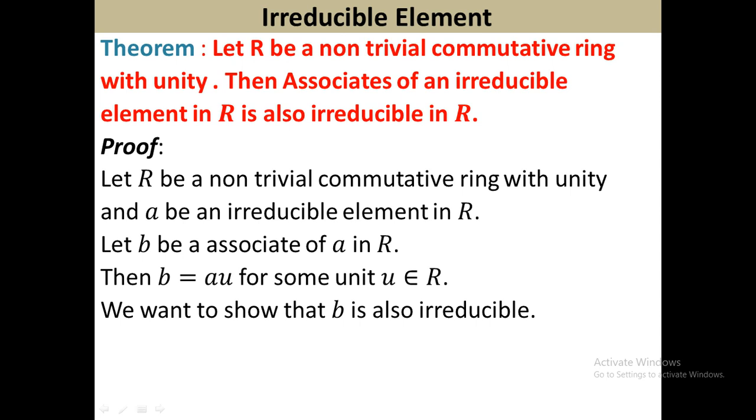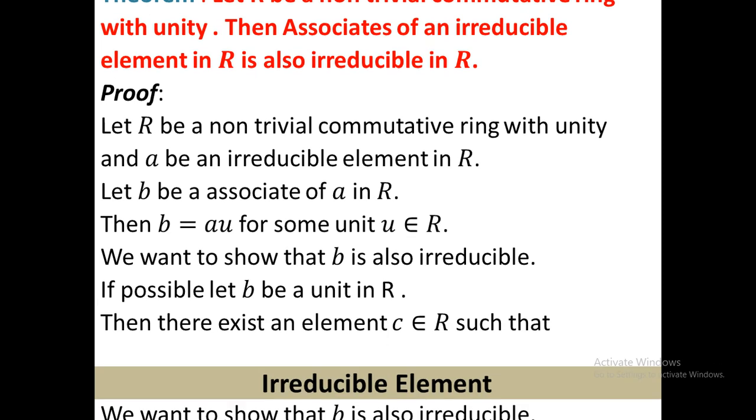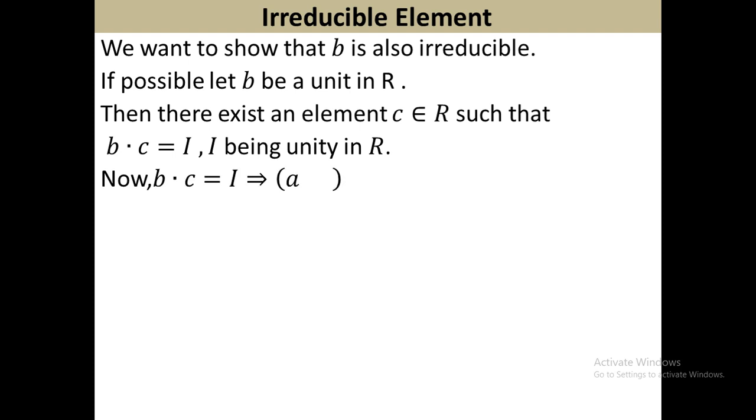We have to show that b is not a unit and that b has no proper divisors. If possible, let b be a unit. Then there exists an element c in R, a multiplicative inverse of b, such that bc equals 1. Now bc equals 1 implies a u c equals 1, because b equals a u. Using the associative property, a times (u c) equals 1, that is, u c is a multiplicative inverse of a.